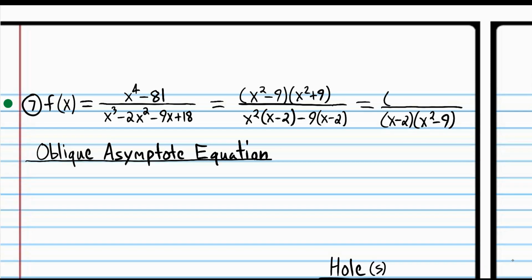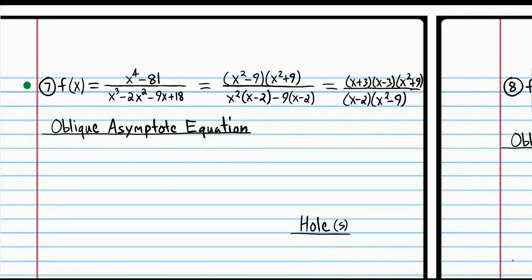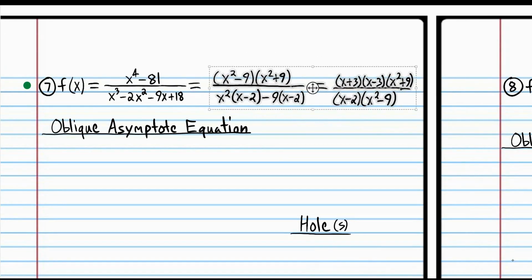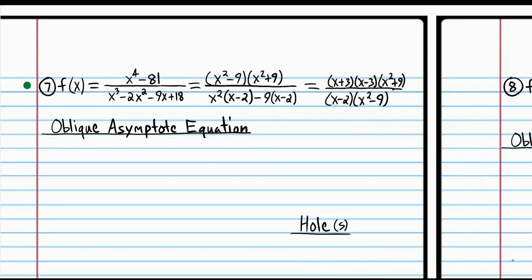And then we can factor x squared minus 9. That's also the difference of 2 squares. But we still have to factor the x squared minus 9 in the denominator. So we have x plus 3 times x minus 3 times x squared plus 9.